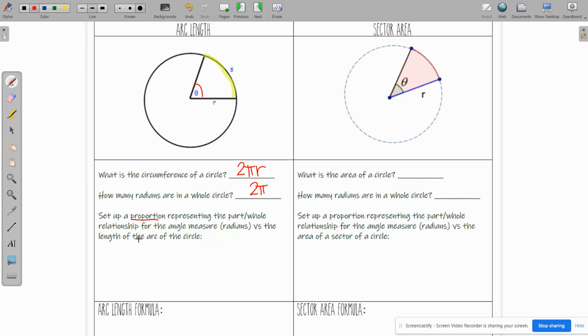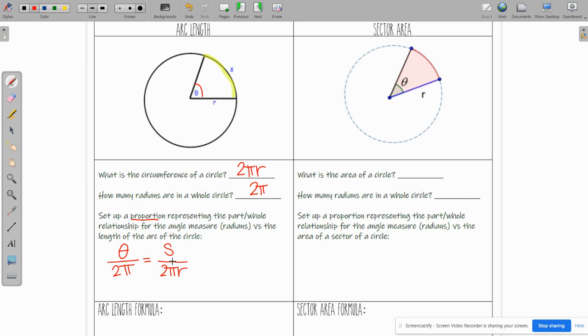We're going to set up our proportion representing the part to whole relationship for the angle measure. So the angle measure, the part is theta, and the whole is 2 pi radians. And that should be proportional with the part to whole relationship of the arc length versus the entire circumference. So the arc length is S, and the entire circumference is 2 pi r.